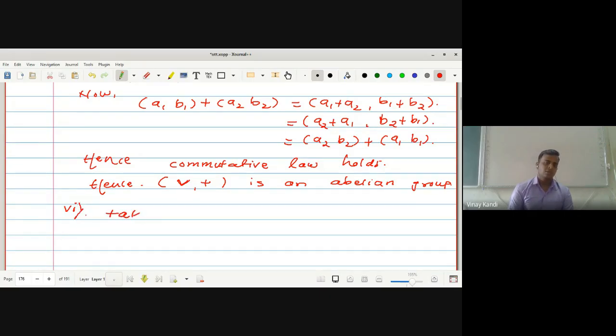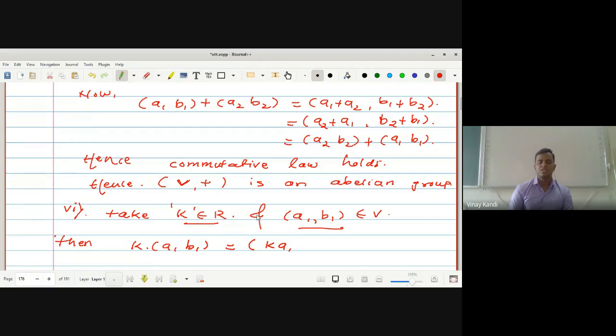Take k to be any element from R, set of real numbers, and (a1, b1) an element from the set V. Now the product of these two: k into (a1, b1) is equal to (k a1, k b1) by the definition of scalar multiplication.